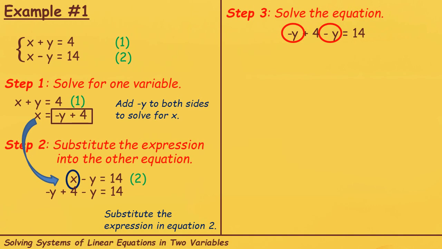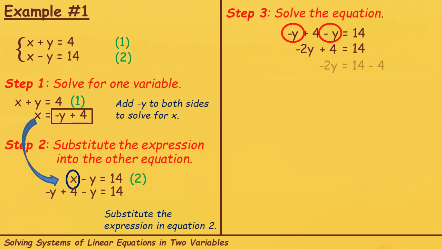We will just combine the similar terms. Negative y minus y will give us negative 2y. Copy the remaining terms, that is plus 4 is equal to 14. Okay, so dito we are going to solve for y kasi variable y lang yung nakikita natin. So ang makukuha natin dito is the value of y.